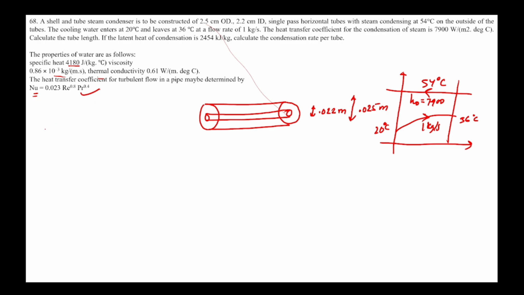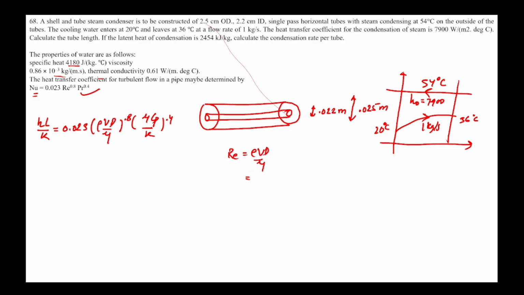So very first thing, Nusselt number hL upon k is equal to 0.023, Reynolds number rho VD upon mu to the power 0.8, Prandtl number mu Cp upon k to the power 0.4. See, Reynolds number equals rho VD upon mu.